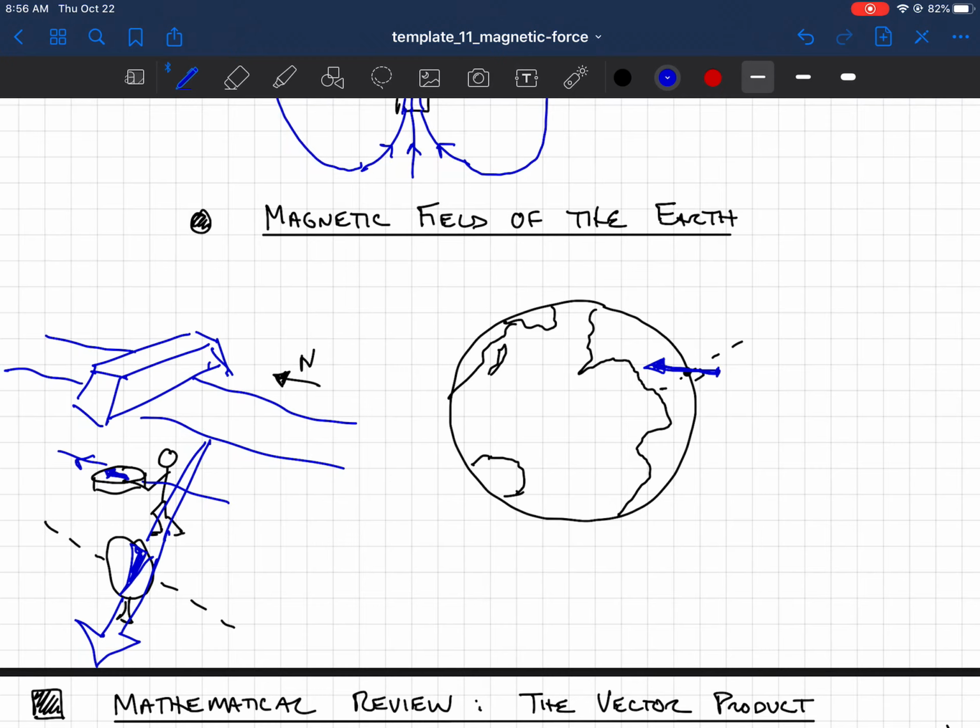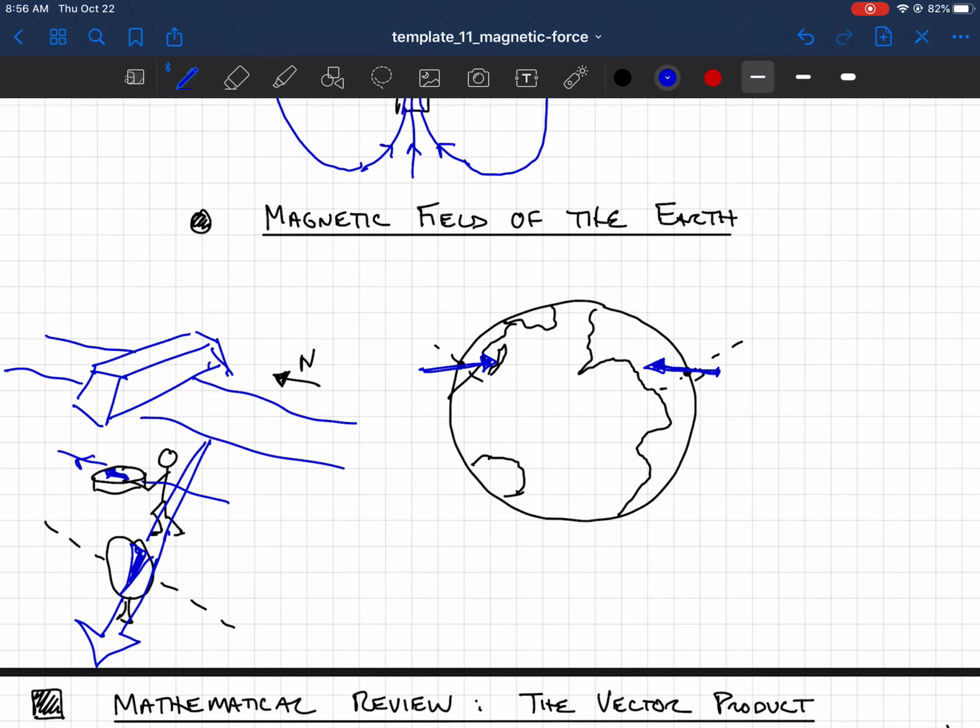Okay, well, Grand Rapids isn't special, so one should imagine that if you looked over on the other side, over in China, the magnetic field would look sort of the same. So it would be mostly into the Earth and partly north. So that field line might look like this.